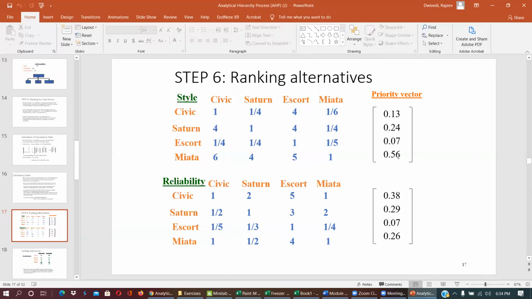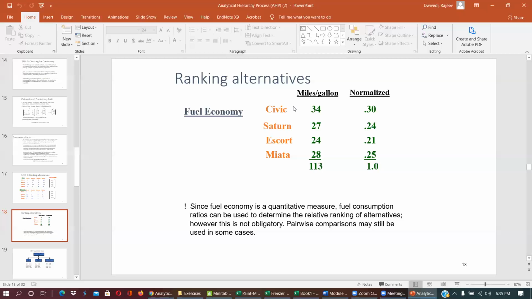So here you get these values. Civic is 13%, Saturn is 24%, Escort is 0.07, Mazda is 0.56. In reliability, Civic is 0.38, Saturn is 0.29.